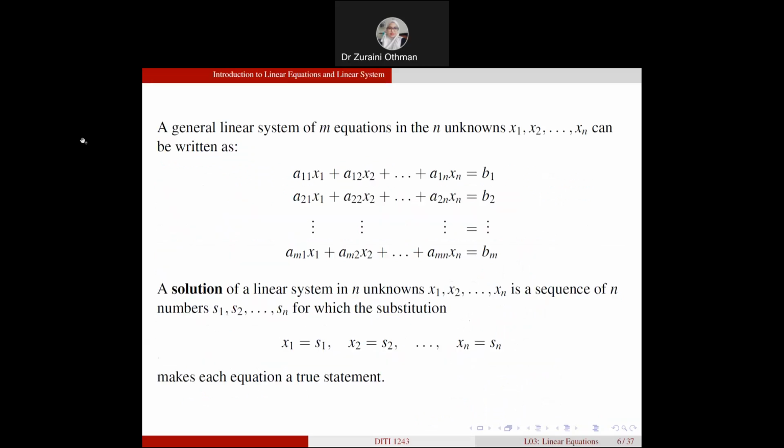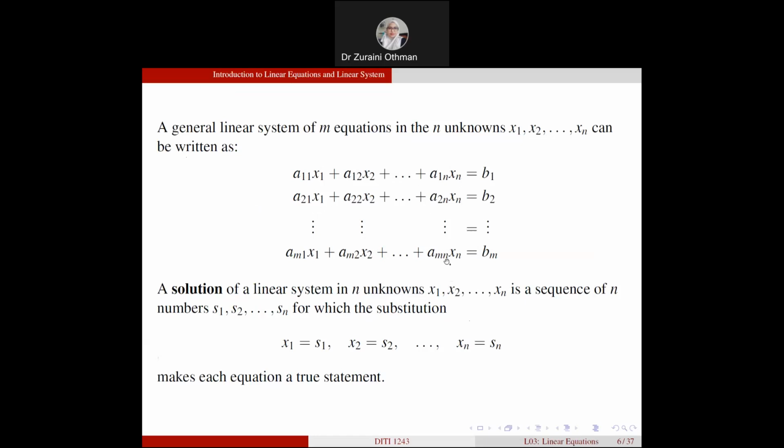Now a general linear system of m equations in the n unknowns x1 until xn can be written as a11 x1 until a1n xn is equal to b1. Same goes for the second row, a21 x1 plus a22 x2 until a2n xn equal to b2.